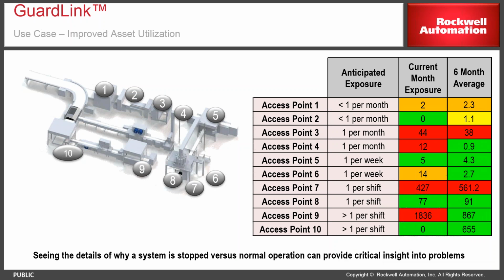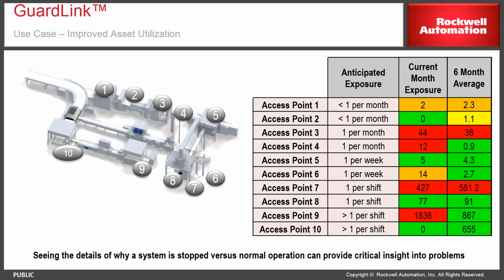So what is interesting in this slide is, if you look at access point 7, the anticipated exposure is say 1 per shift. So probably only 3 times somebody is expected to access that area per day. But if you look at the current month exposure, it is already 427. So what it points out is that somebody is accessing that area without any necessity. There is more frequent access into that area.